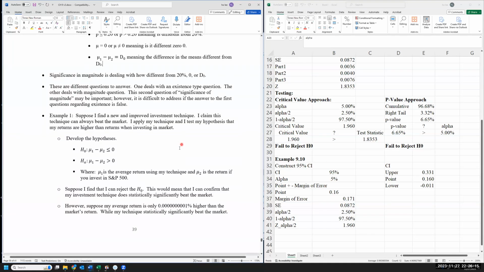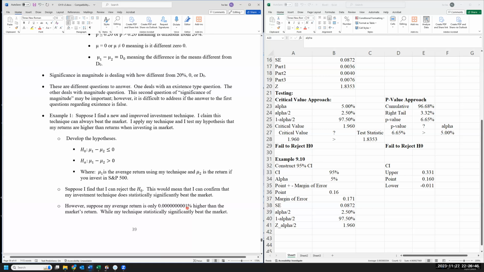Okay. However, suppose my average return is only 0.0001% higher than the market return. Well, yes, I beat the market, and it clearly is shown using statistics. However, is there a difference really in magnitude? No. I only beat the market by this tiny number.